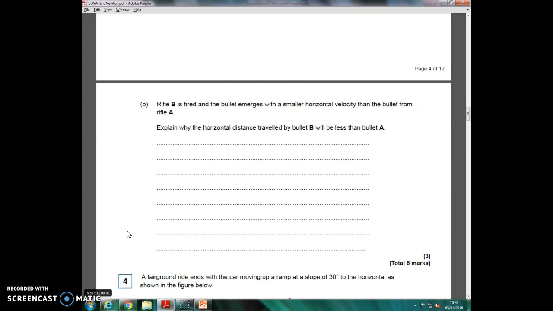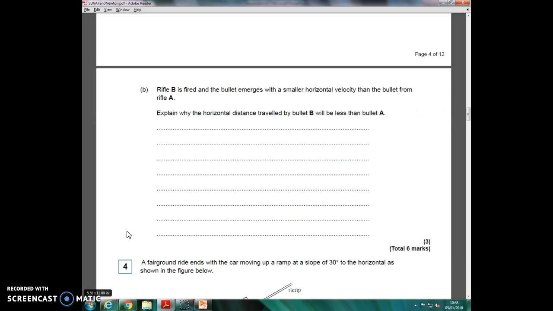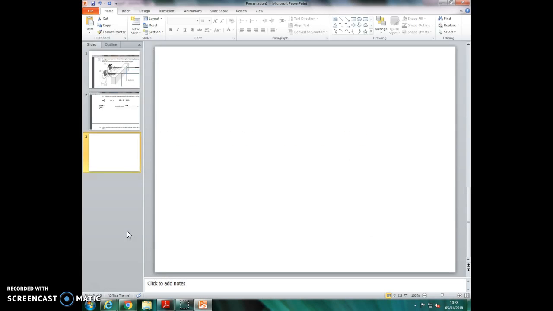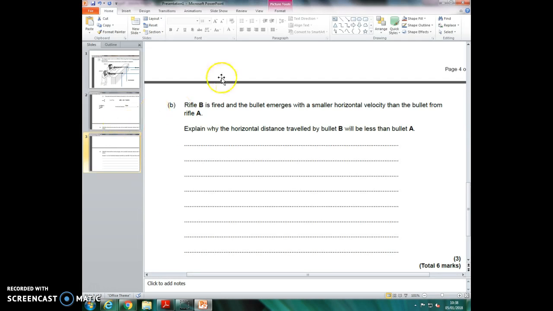Next question is looking at explaining why a particular event occurs. So let's copy this question across into our slides and have a look at it. Rifle B is fired, and a bullet emerges with a smaller horizontal velocity than the bullet from rifle A. Now this is important.